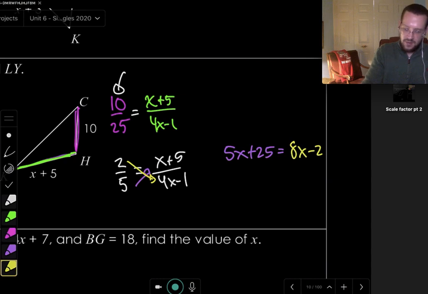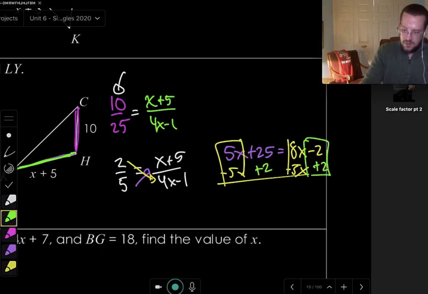And then what am I going to do here? Well, I'm just going to balance this equation. Minus 5x from both sides. These two cancel. Then I'm going to add 2 to both sides. These two cancel, and so I'm left with 27 is equal to 3x. So x is equal to 9.